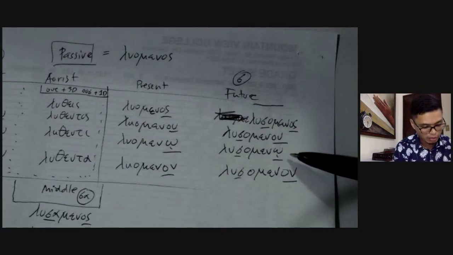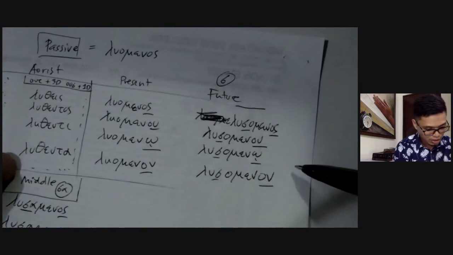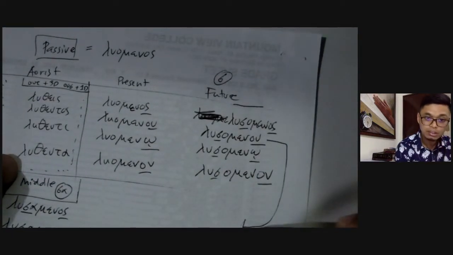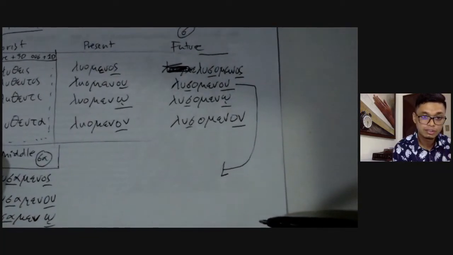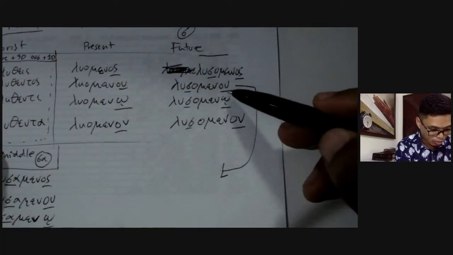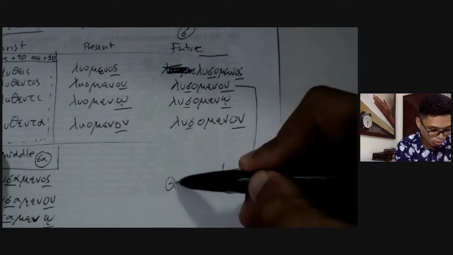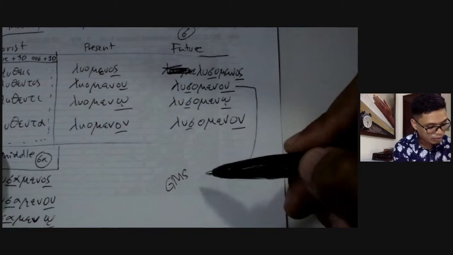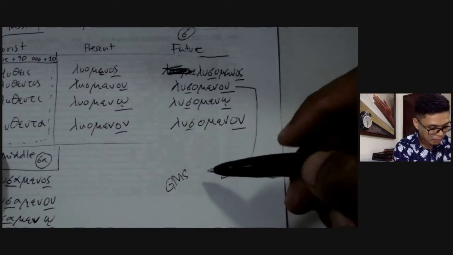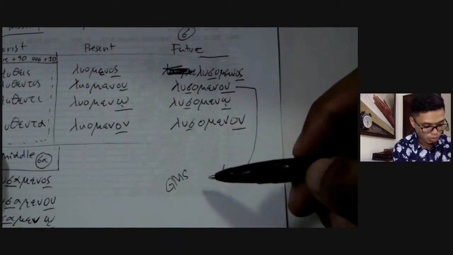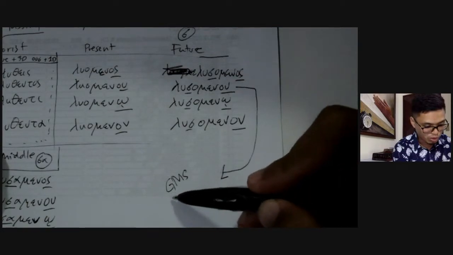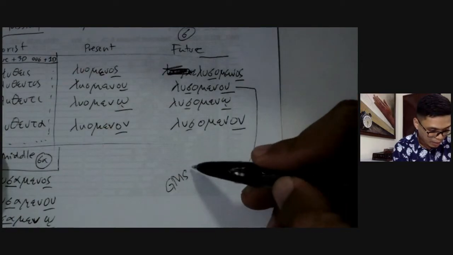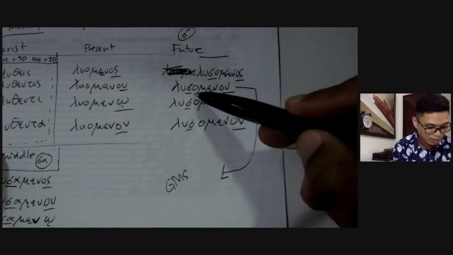So let's say, for example, let's parse lusomenou. Okay, what's the parsing? Very easy. You have ou, which is the genitive masculine singular. Remember, we are using minimum 1, unlike the active, which uses minimum 2. We are using os, ou, on, which is minimum 1. So genitive masculine singular, that's correct. And then we have future. How do we know it's future? We have the sigma, right?